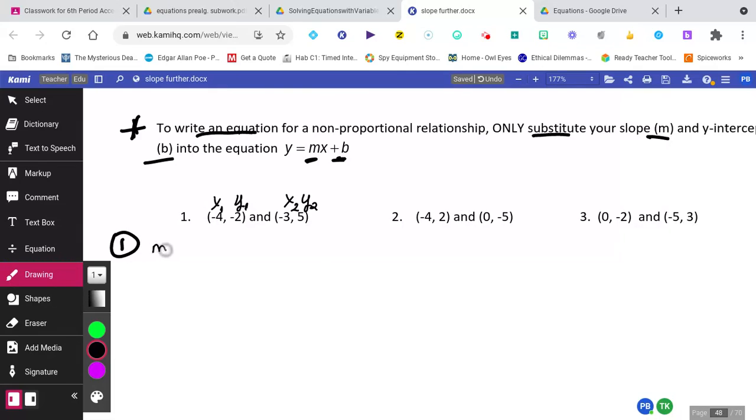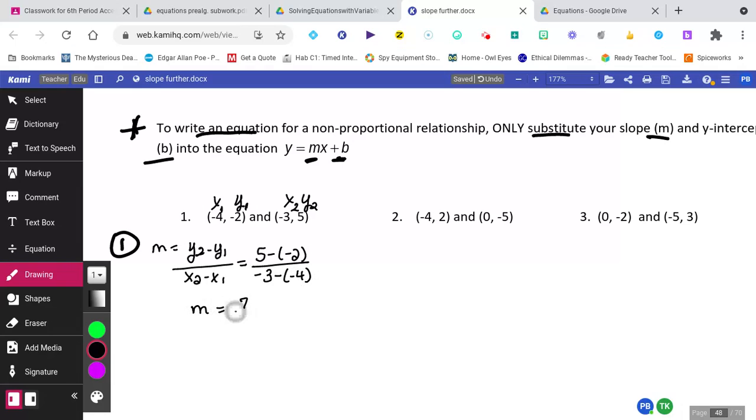So I'm going to use the slope formula, which is the second y minus the first y divided by the second x minus the first x. The second y is 5 minus the first y, which is negative 2, over the second x minus the first x. So you're just applying what you already know.